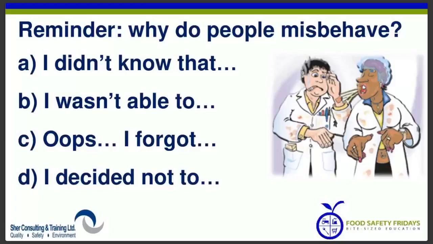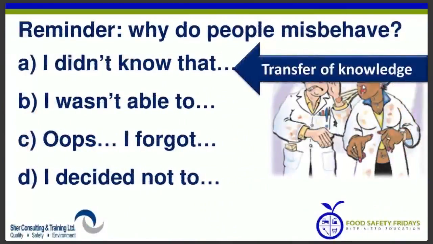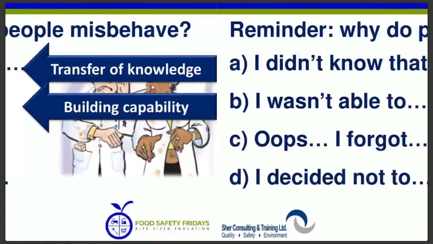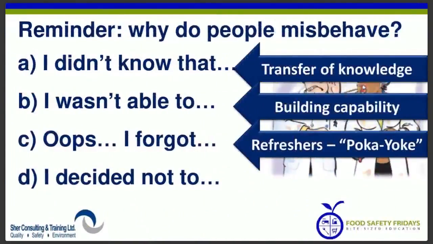So if we look at how that impacts our training program, we have our basic tier of transfer of knowledge, and then building capability by on-the-job training and demonstrating, and refresher training to remind people not to forget stuff.